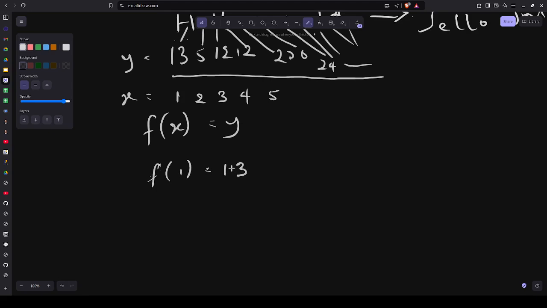If we pass in 2 to f, we are going to get 5. If we pass in 3 to f, we are going to get 12, right? And so on until we get to D, which is world.